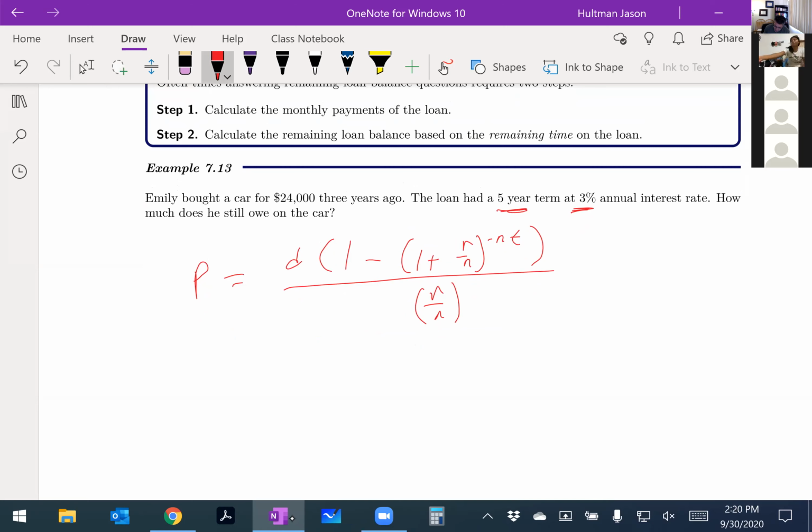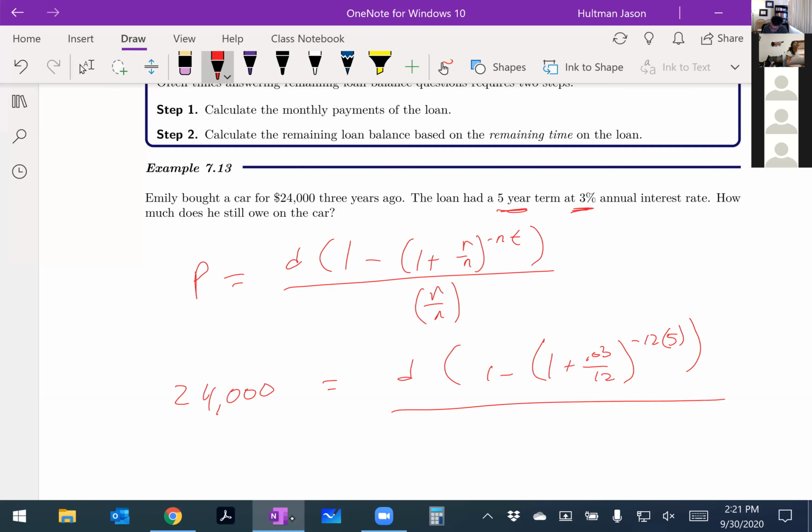I know that it was for 24,000. So 24,000 equals D times 1 minus 1 plus 0.03 over 12, because we're assuming that a car loan is 12 monthly payments in a year, raised to the negative 12 times 5, all over 0.03 over 12.